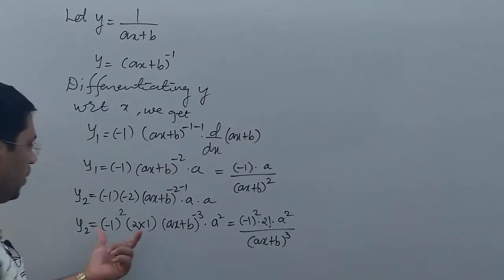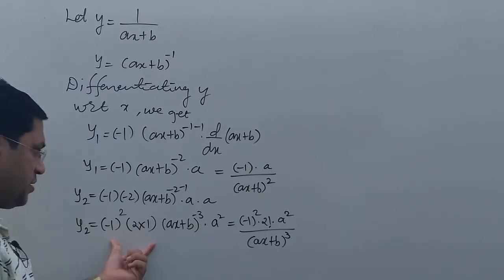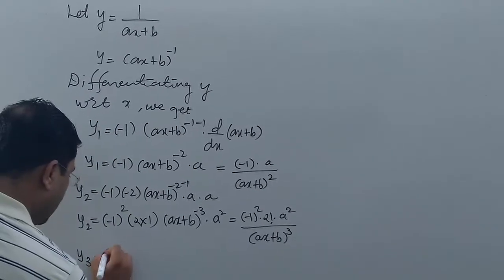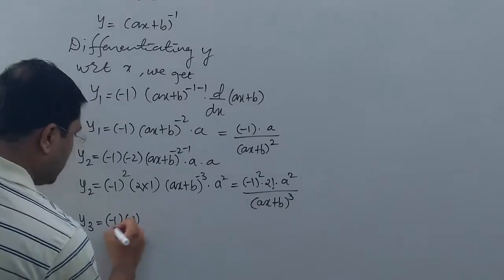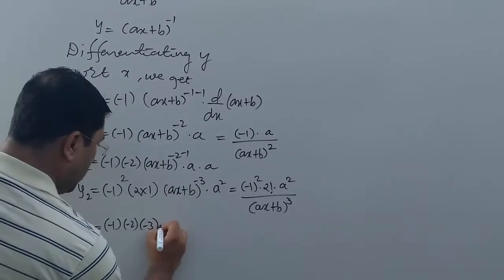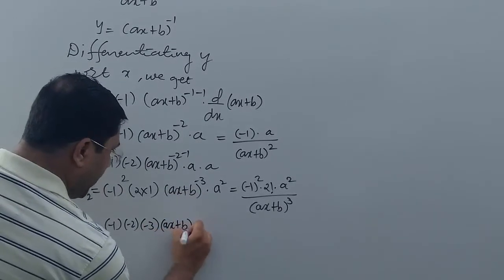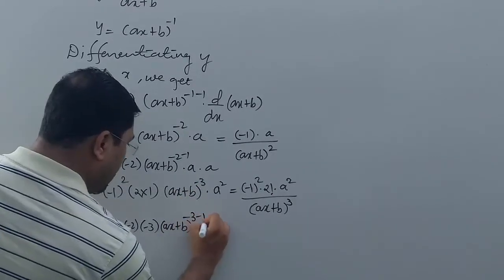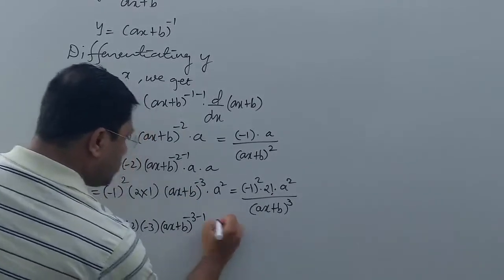Now we differentiate this term again. y3 is minus 1 into minus 2 into minus 3, which will come down, then (ax plus b) raised to minus 3 minus 1, and we already have a squared here.